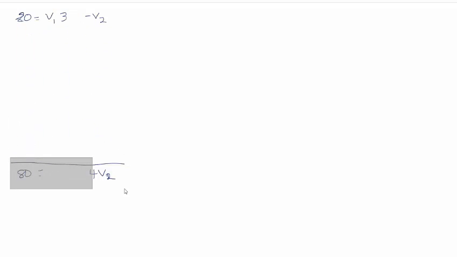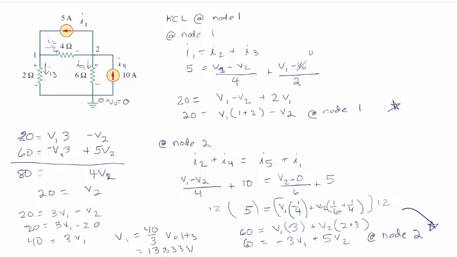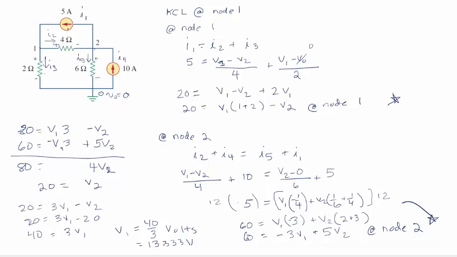So I like this equation was a correct equation. This one I don't want. And the other equation that was, let me go back and see, was 60 equals plus 5V2. Okay. And that is a 20 there.